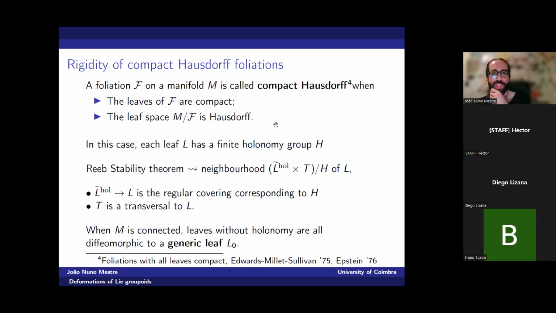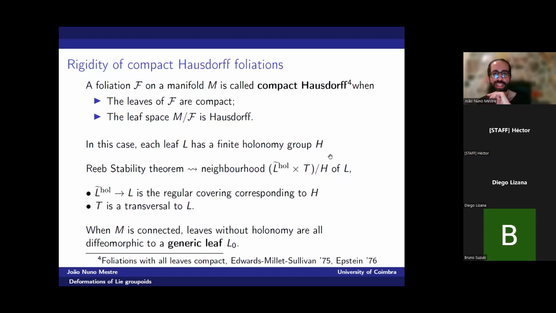And foliations like that always have finite holonomy groups for every leaf. And out of the Reeb stability theorem, they're going to have very nice local descriptions of neighborhoods of every leaf.